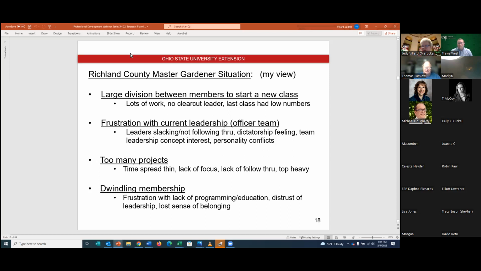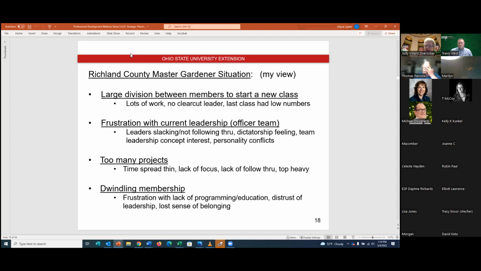So what I found was a large division in our group. We know that we continually need to have new members coming into our organization so we can continue to grow our organization, because some people will leave, maybe by death or by health reasons as they get older. And so we always need to keep bringing in people from the other end. And so I found a large division in this group.